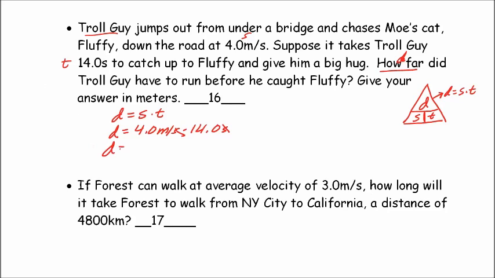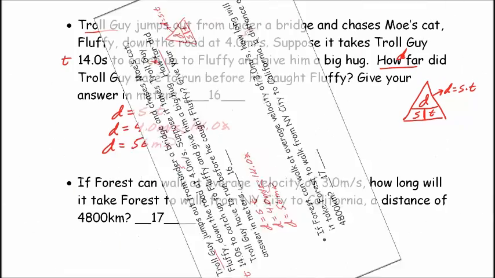And the distance then is 4 times 14, and that's going to give us 56 meters. You'll notice that the meter is the only unit that comes down here. The seconds canceled out. And since we're looking for distance, then obviously we have this problem set up correctly because the units canceled out correctly.